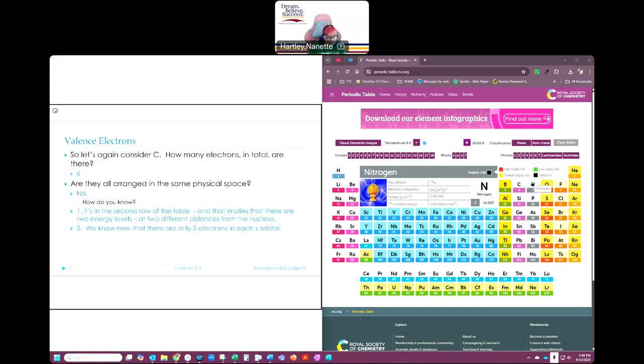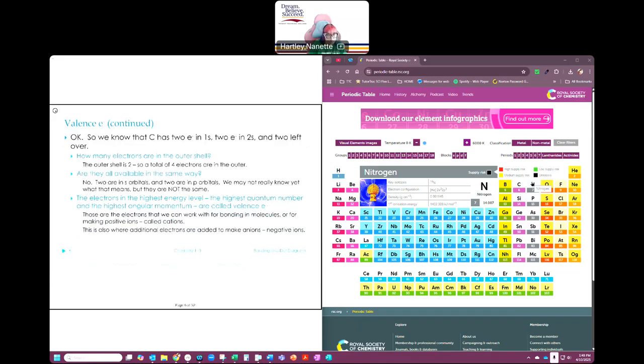So we know that they're not arranged in the same physical space. We've got 2 in that 1s, 2 in the 2s, and 2 in that 2p.